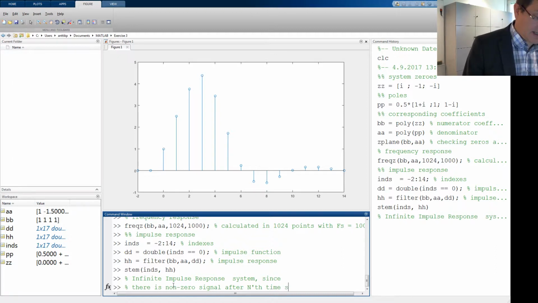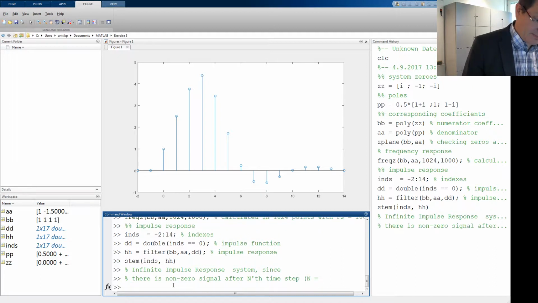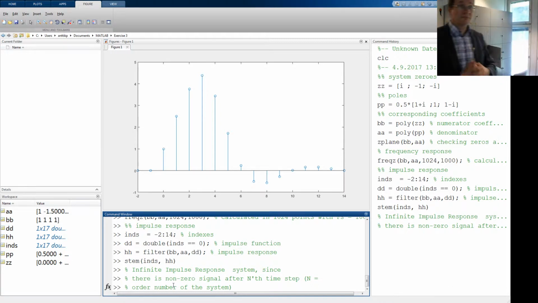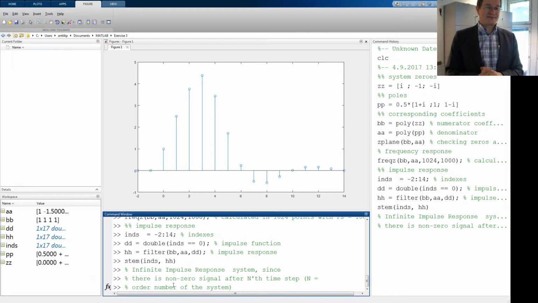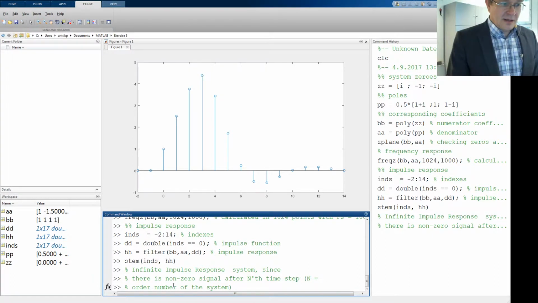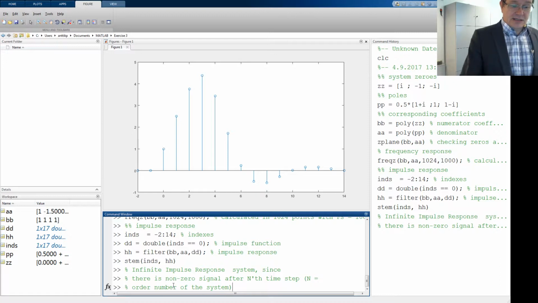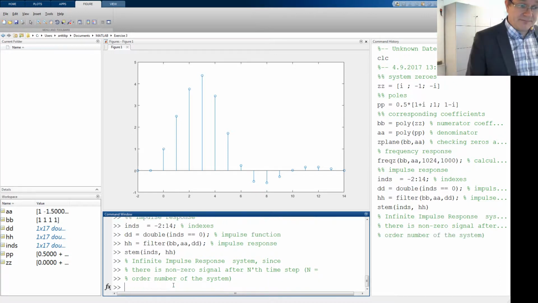Where the n actually is the order number of the system. That's actually also the highest order delay, supposed to be. If there's anything after that, then it's IIR. Yes, excellent. So that's an IIR system.